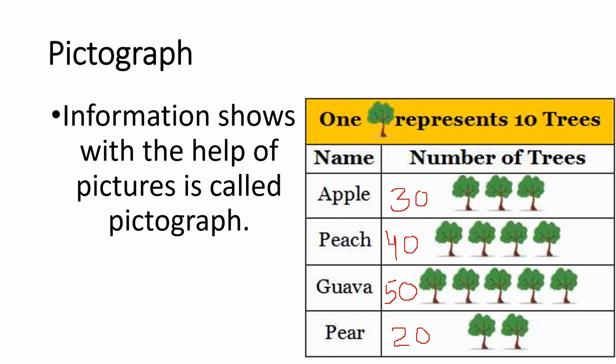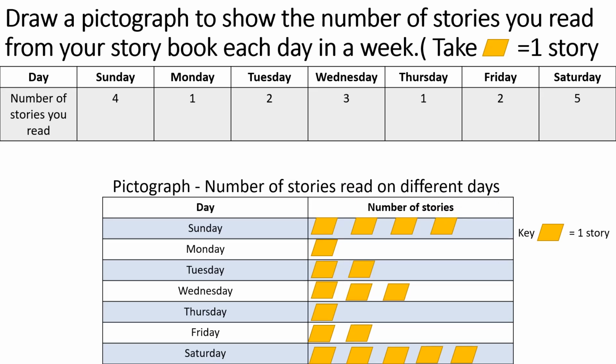Now we will make one pictograph. Now see here, draw a pictograph to show the number of stories you read from your storybook each day in a week. Take one parallelogram equals to one story. Now here you have to understand one thing. This is the key of pictograph, because here one parallelogram represents one story.